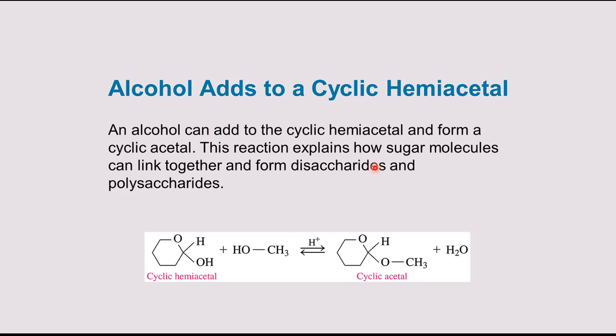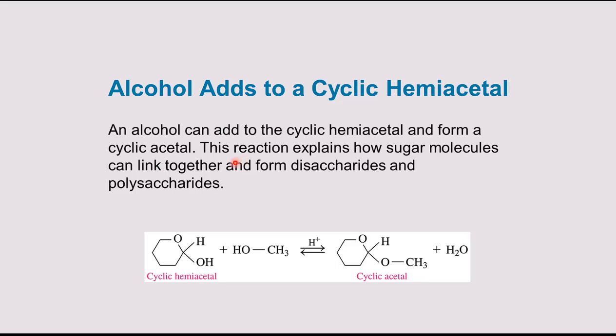When we think about starch or glycogen, a second sugar molecule, maybe of glucose, can come in, and one of those hydroxyls on the glucose molecule then reacts with the hemiacetal carbon here, in order to replace this alcohol with another molecule of glucose or some other sugar. Okay, so this CH3 here, we're talking about methanol, but this alcohol could be any other alcohol.